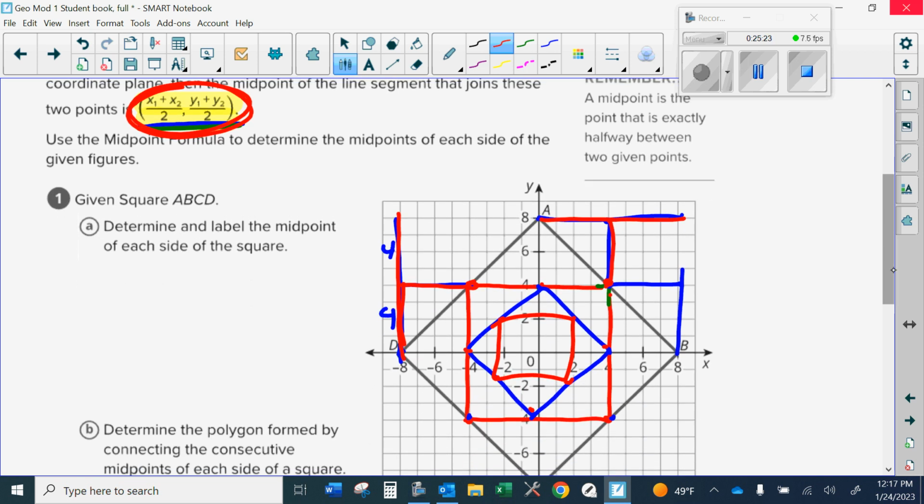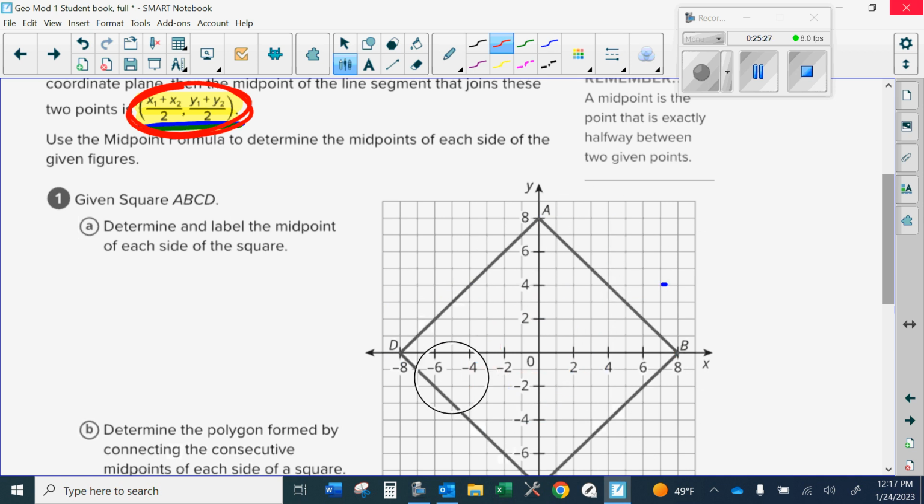Okay. So all I do is take those points right there, x and y. So that's 0, 8, and this one is negative 8, 0. So add: 0 plus negative 8 is negative 8 divided by 2, comma 8 plus 0 is 8 divided by 2. So negative 4, comma 4.